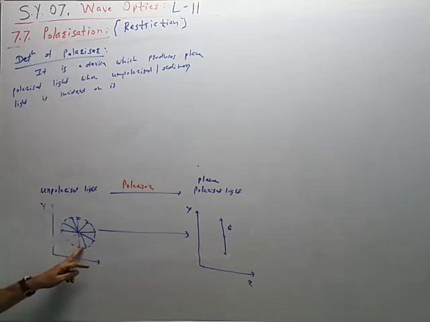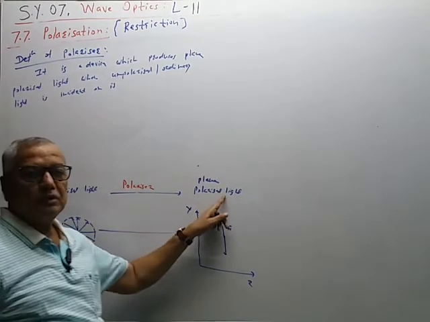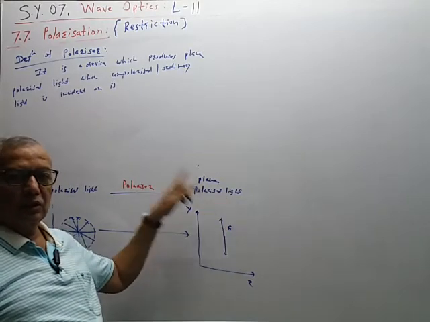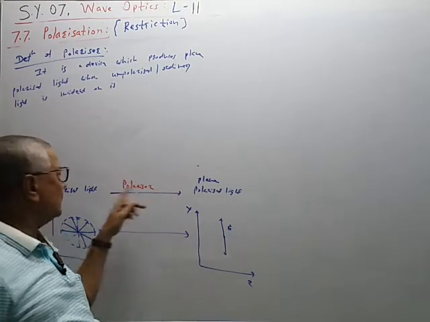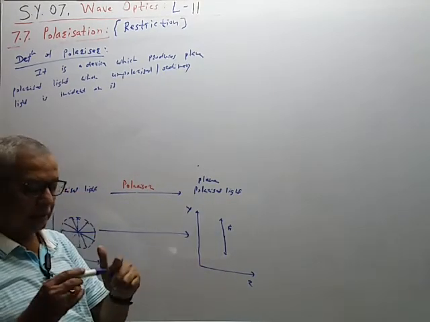So this is unpolarized light. It is incident on the polarizer, and we get the plane polarized light. Now, how this conversion of unpolarized light to plane polarized takes place, that we will explain.